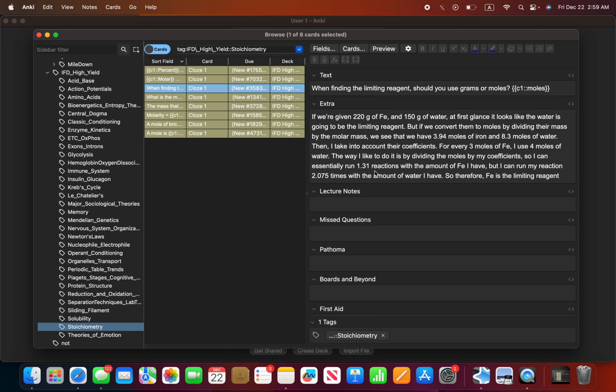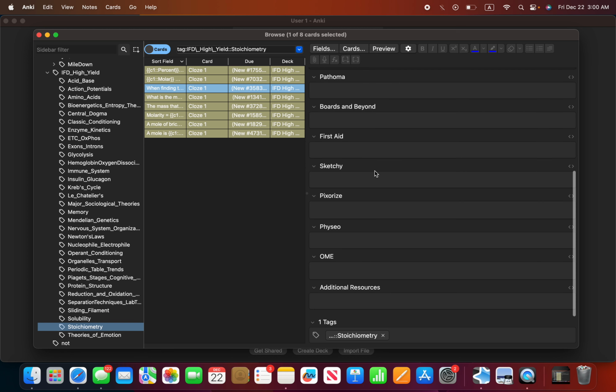So I can essentially run 1.31 reactions with the amount of ferritin, because 3.94 divided by 3 is 1.31, and 2.075 times with the amount of water I have, because 8.3 divided by 4 is 2.075. So therefore, ferritin is the limiting reagent.